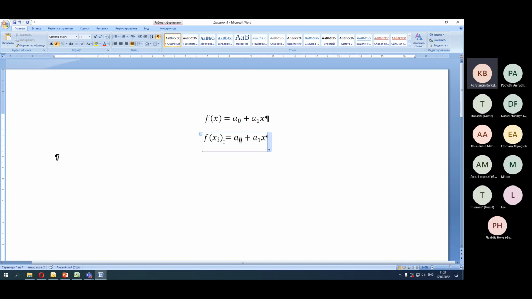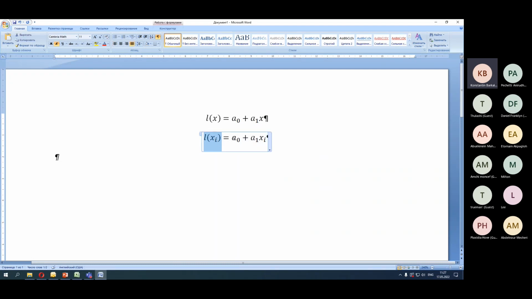The value of the line at the point xi, let me write it as L of x, because f of x is our initial function and L of x is the line that we consider as approximation.